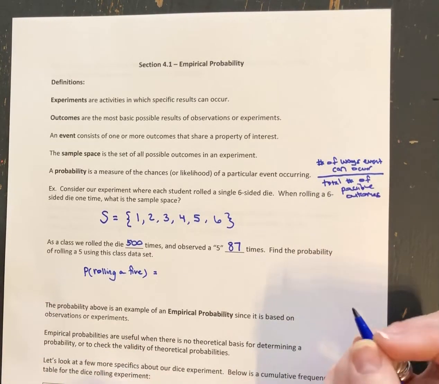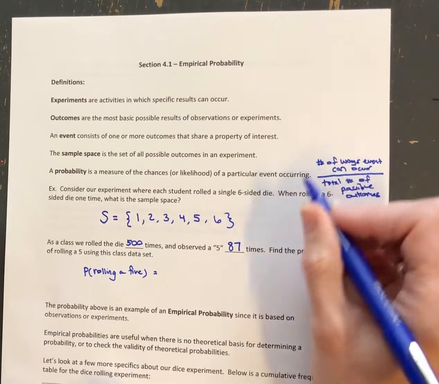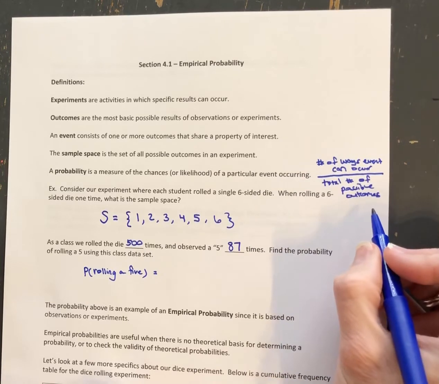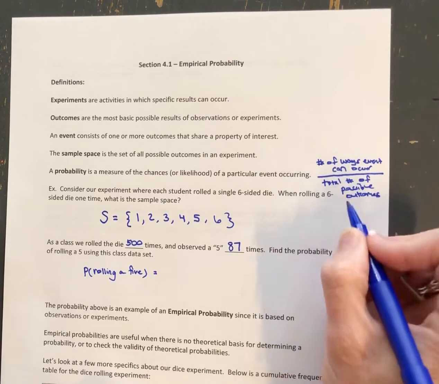So that's the rule that we're going to use for probability once we get to what's called theoretical probability, where we're not actually performing an experiment, we're just using theory.